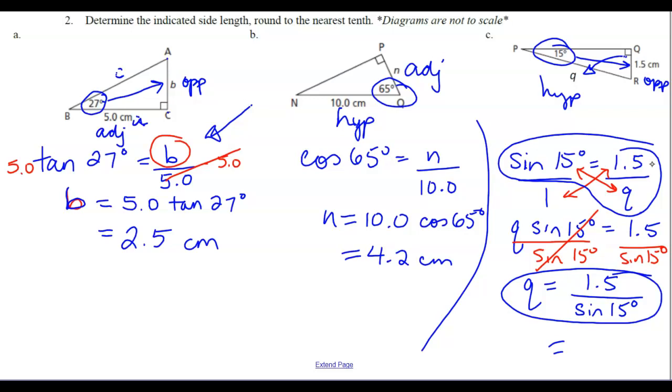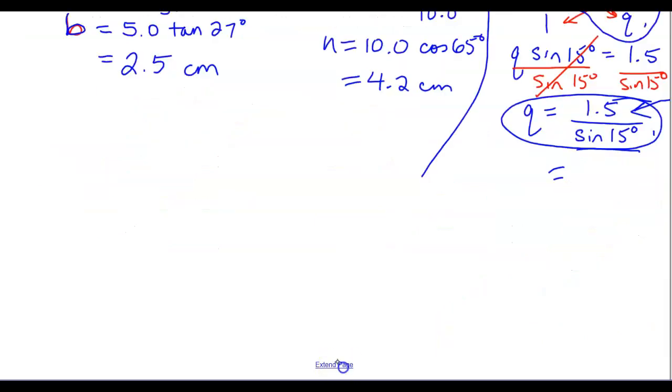So denominator starts with a D, divide starts with a D. So if my unknown's in the denominator, then I'm dividing by the trig ratio. Not the other way around, not the trig ratio divided by 1.5. This was the other side multiplied by the trig ratio. This is the other side divided by the trig ratio. Okay, denominator, divide. Memorize it if you need to.